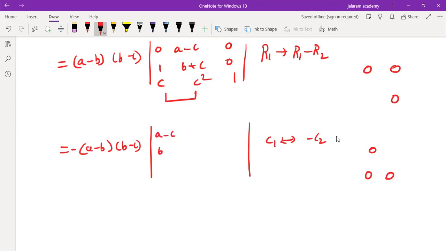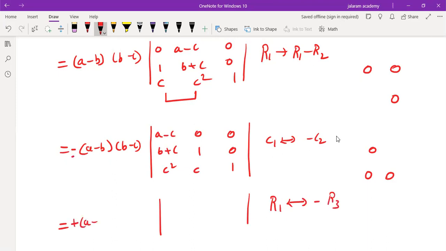A minus C, B plus C, C square, 0, 1, C, 0, 0, 1. Again, we will interchange R1 and R3. Again, we have to multiply by minus. So this minus now becomes plus. A minus B, B minus C, and the third row becomes the first row.